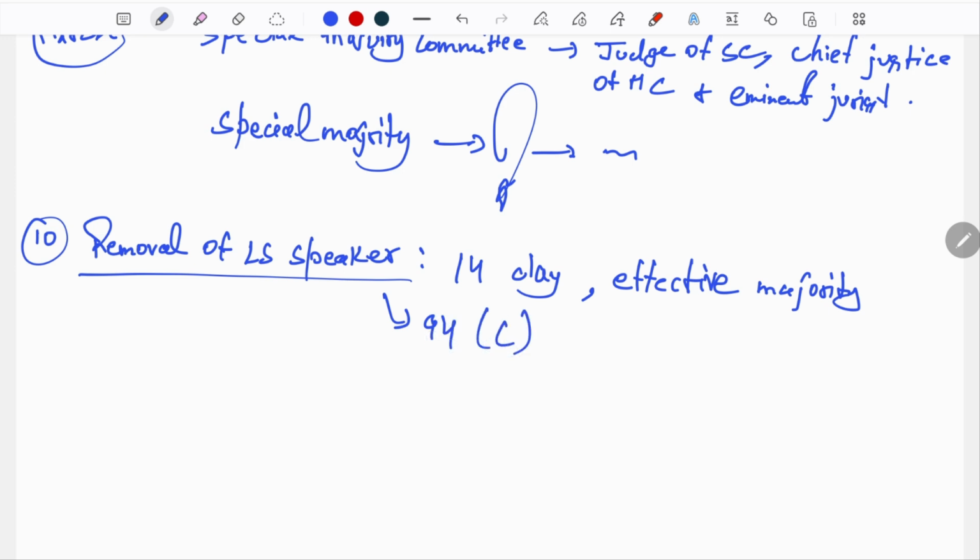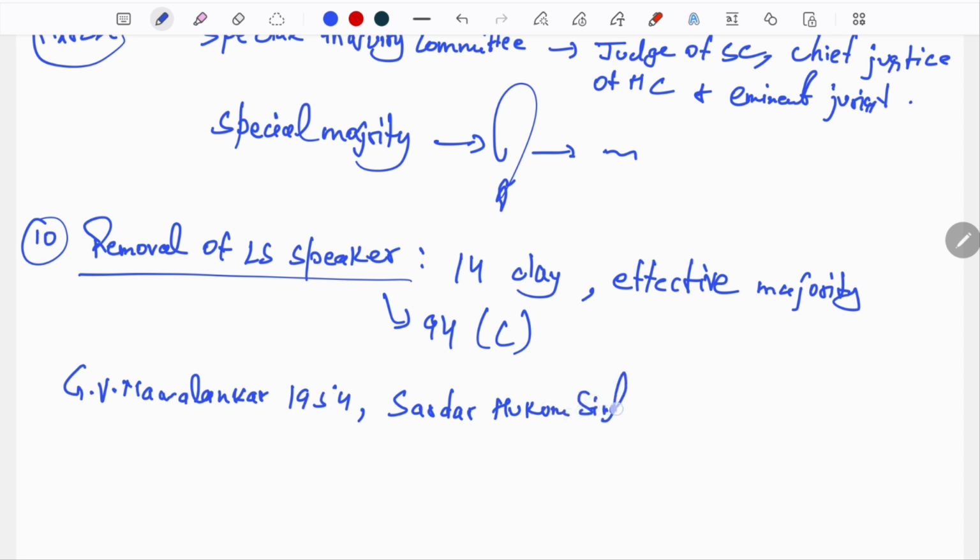Till date, 3 resolutions for the removal of Lok Sabha speaker have been moved. The first one is against G.V. Mavlankar in 1954. The second one is against Sardar Hukam Singh in 1966.